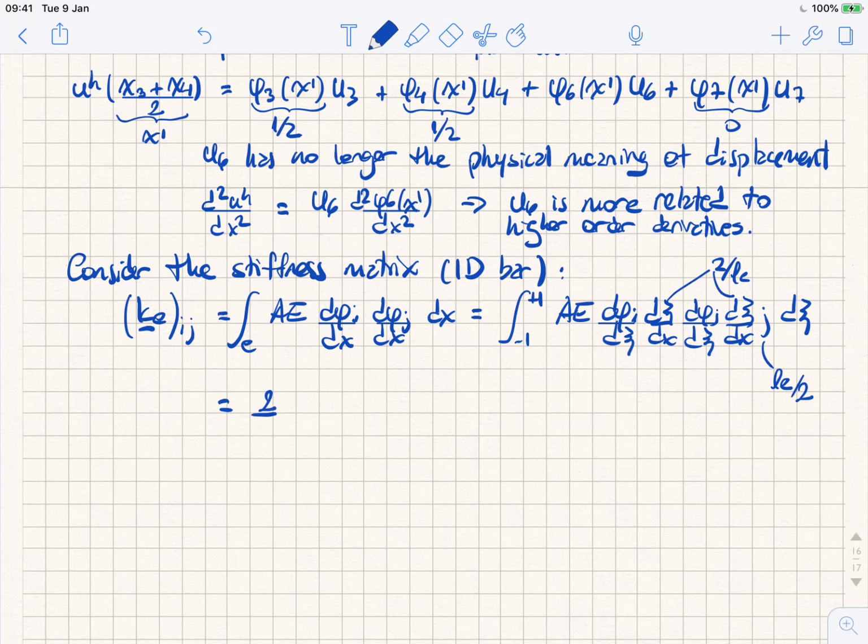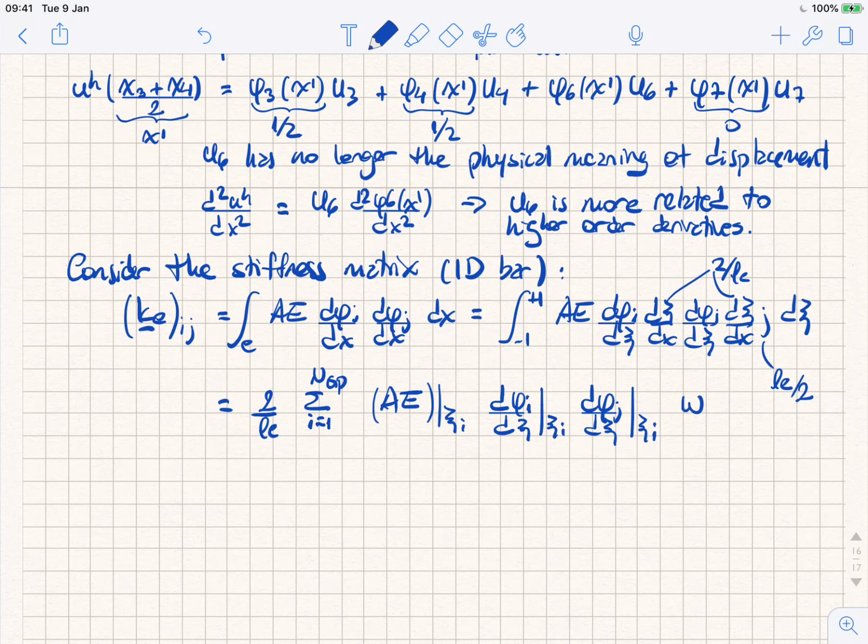So we have 2 divided by L^E, and then a sum, i equals 1 to the number of Gauss points, of this whole thing evaluated at psi_i, times the weight.